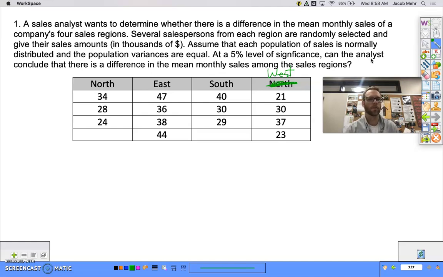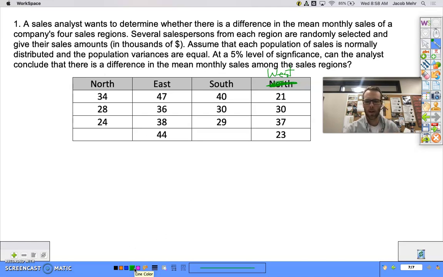At a 5% level of significance, can the analyst conclude that there is a difference in the mean monthly sales among the sales regions? Each of these regions has its own population mean. We've taken a sample, so they each have their own sample mean. We want to know, using the information from the samples, are the population means for each region the same or not?